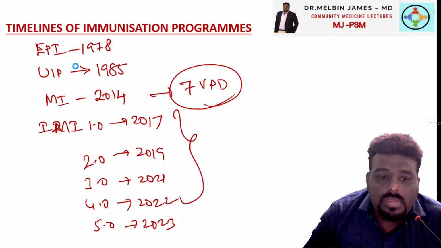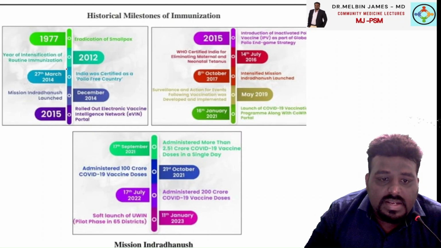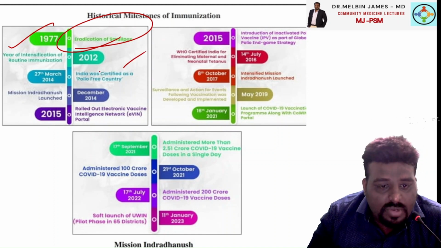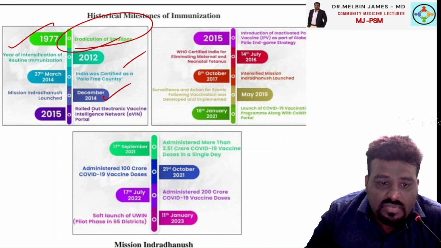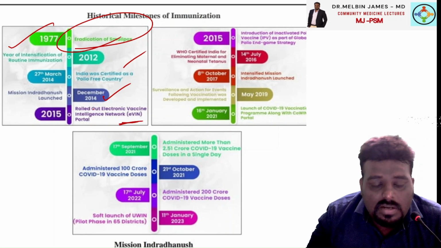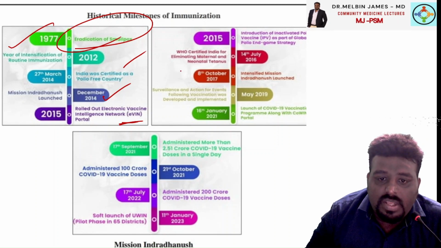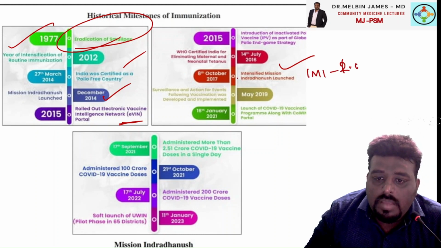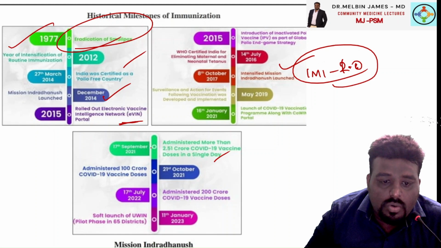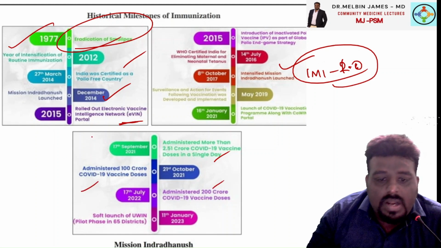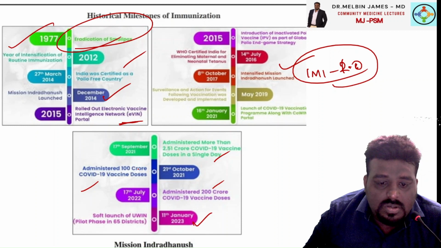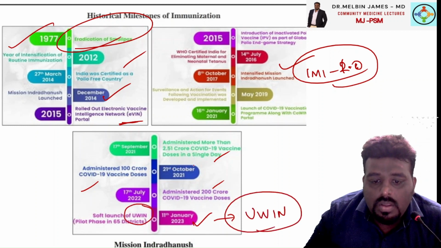Okay, this is in a short table. In 1977 we eradicated smallpox, and in 2014 India was declared polio-free. Mission Indradhanush started in 2015. We have the electronic Vaccine Intelligence Network, eVIN, which handles logistics and supply, in 2015. And in 2017 IMI 1.0 was released, then 2.0, then we had a pandemic, and in 2023 we have phased in U-WIN.